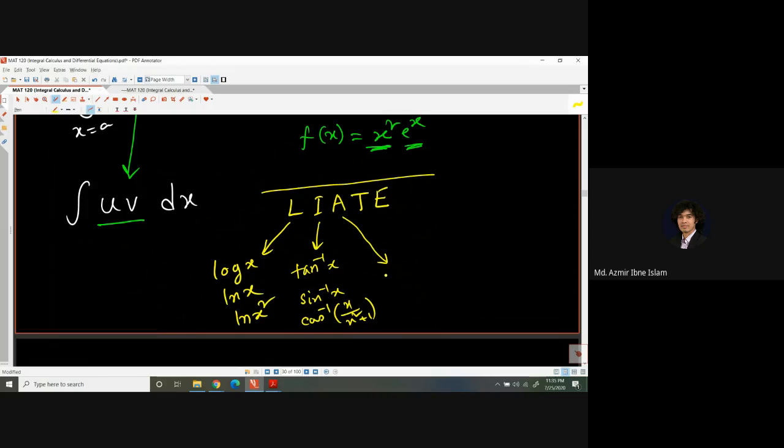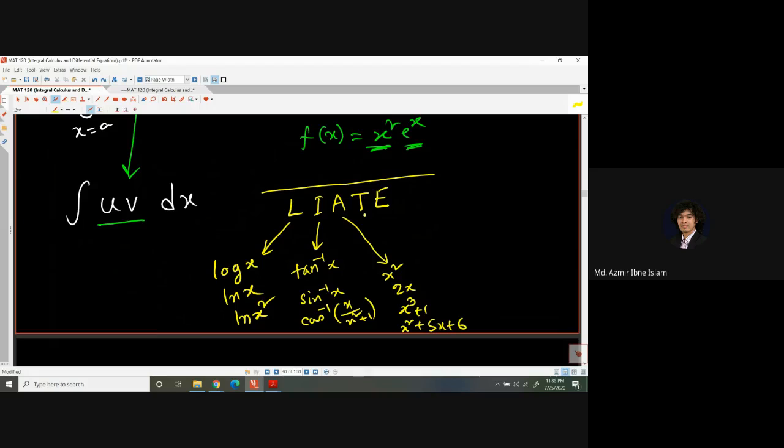A is for algebraic function. Algebraic function means polynomial function. What do we mean by polynomial? Suppose we have x squared, we may have 2x. If we have x cubed plus 1, we may have x squared plus 5x plus 6. So these functions are called algebraic or polynomial functions. This is called A.